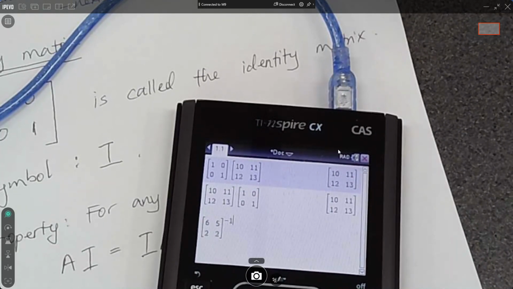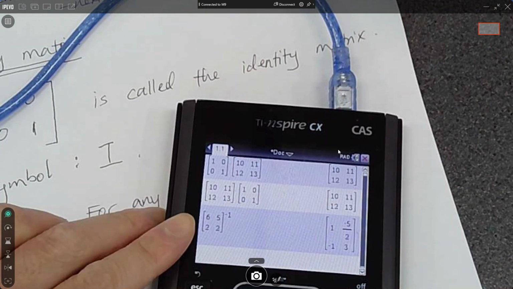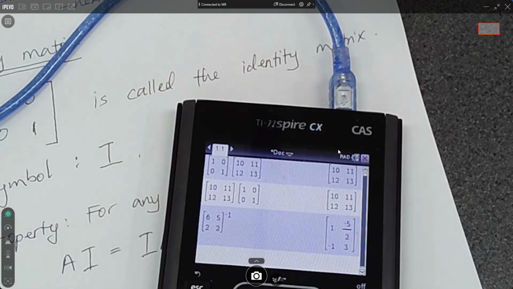All right, so those of you who do have a charged CAS calculator, you can key in any matrix. I suggest just use this one. And put a power to the -1.